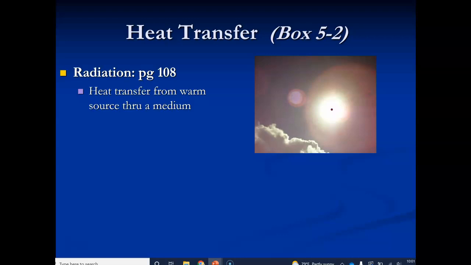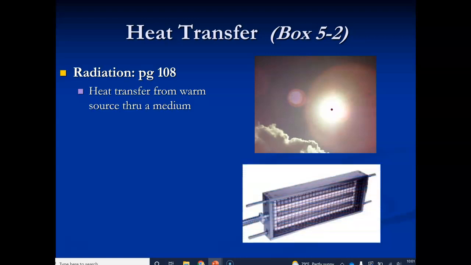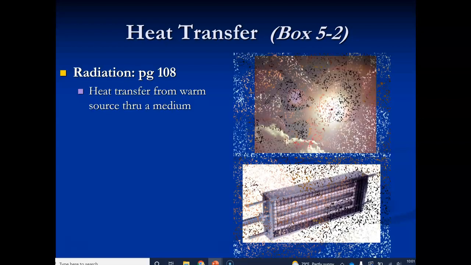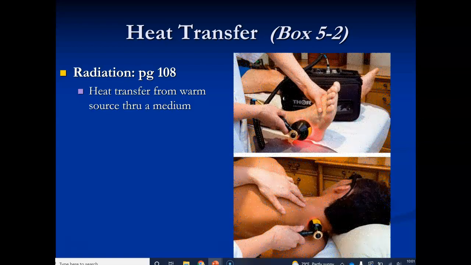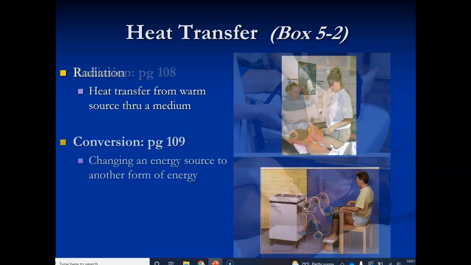Once we go inside or into the shade, we get relief from that. Same thing with little radiant heaters where the coils get hot. From a modality standpoint, it's the same process. We use infrared lights or some kind of heat source placed above the body, and it radiates through the medium, the air, and then our tissue itself.